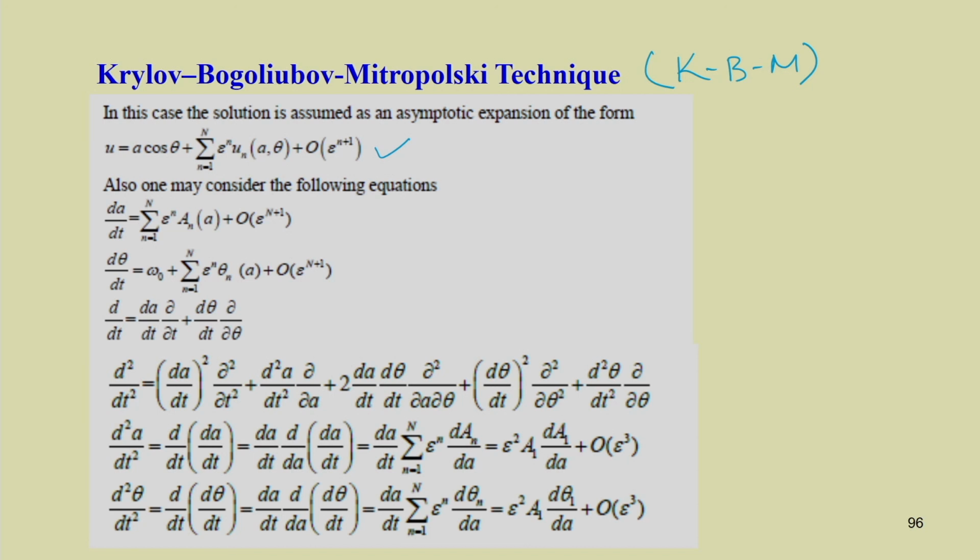Also, one may consider the following equations. Previously, in case of Duffing we have taken a and beta as slowly varying functions of t, and dA by dt equal to 0.